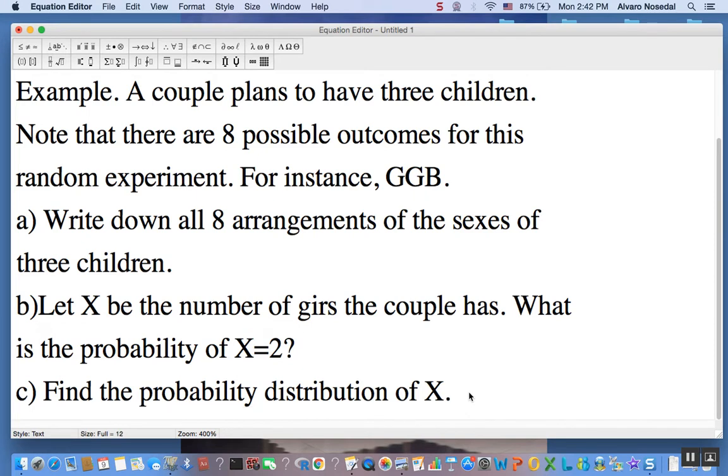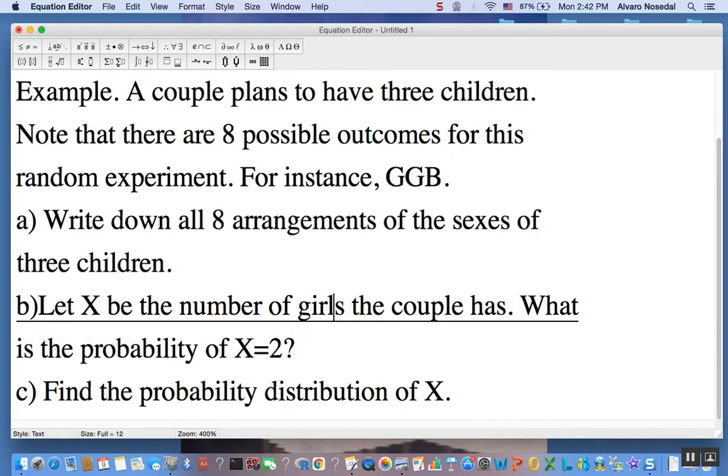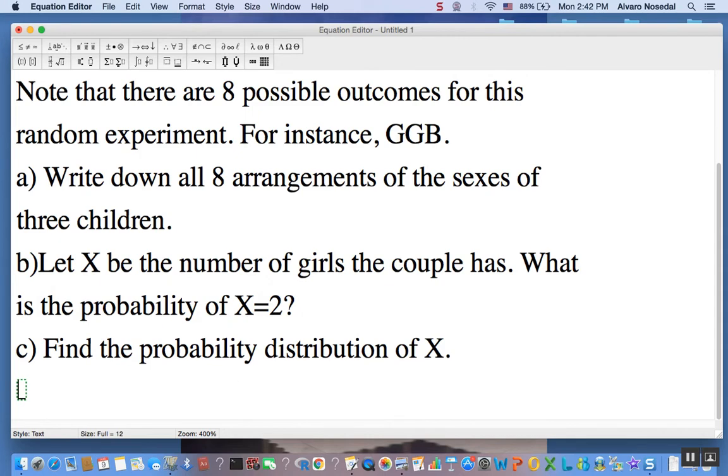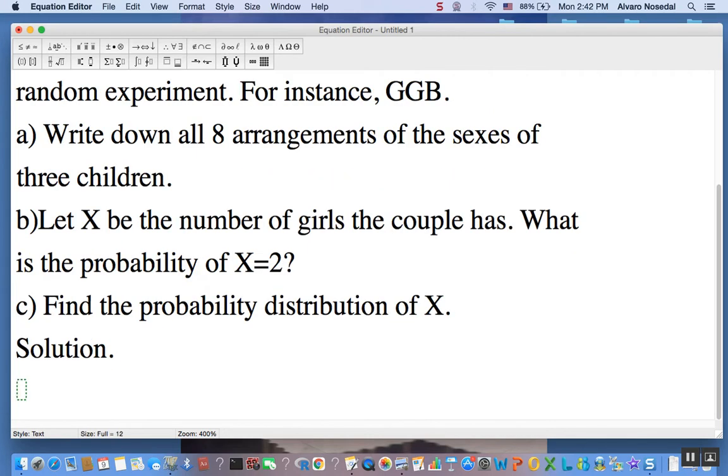And since we are interested in the number of girls, let me fix this here. I had a typo, girls, that's better. Then we are assigning to each of those 8 sequences a number. Okay? So that's a random variable. Again, what we're doing is assigning a real number to each outcome in the sample space.